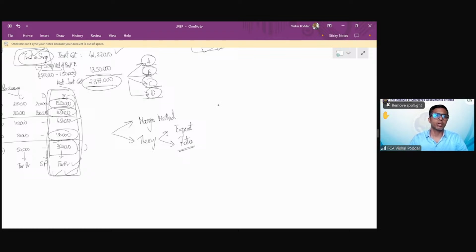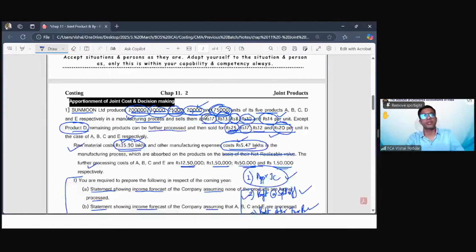These are all theory; they are given only in theory form: hire an expert and take his ratio, or do some technical analysis and take that ratio. That is only theory that we'll discuss in the next lecture. And the only practical method left is the margin method, which is not asked multiple times, but that also we will do. What you are supposed to do today is, today you will solve this sheet.